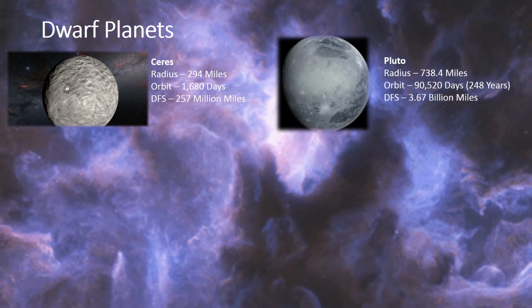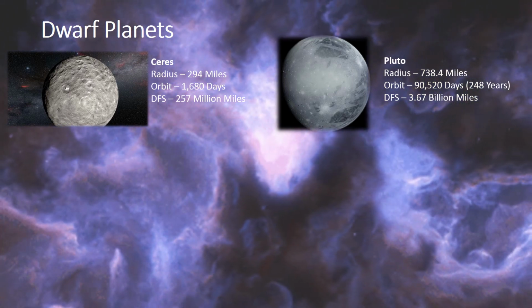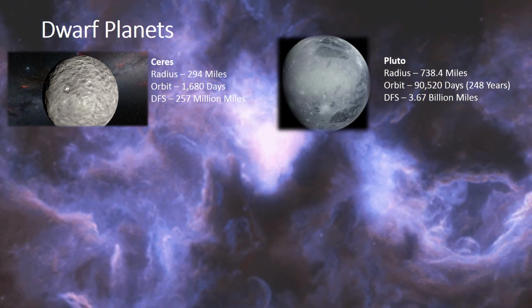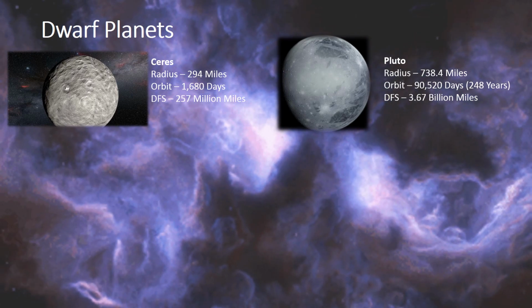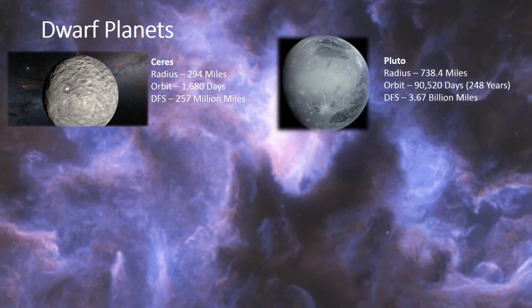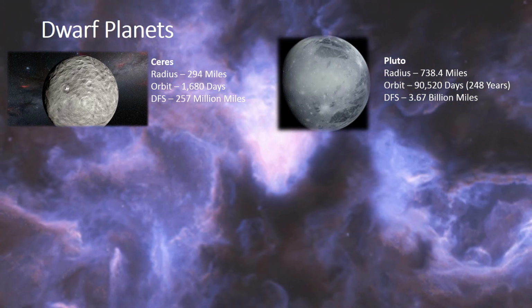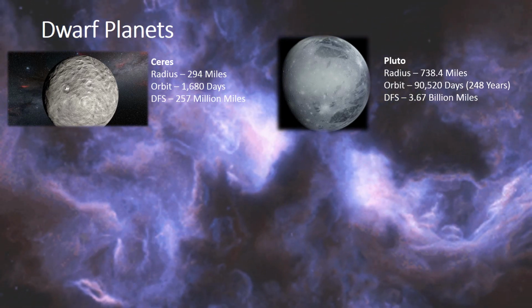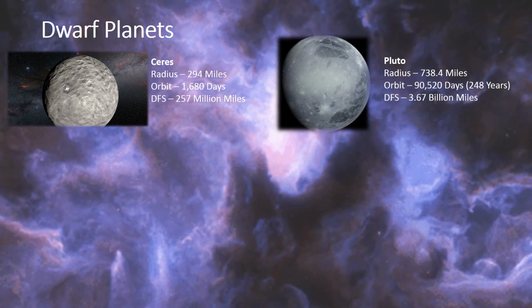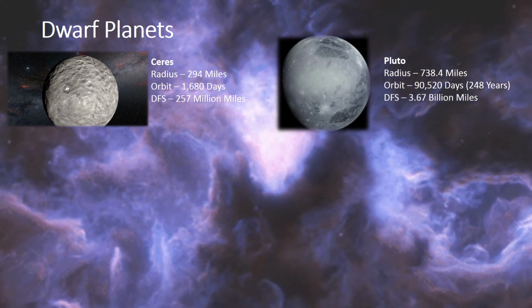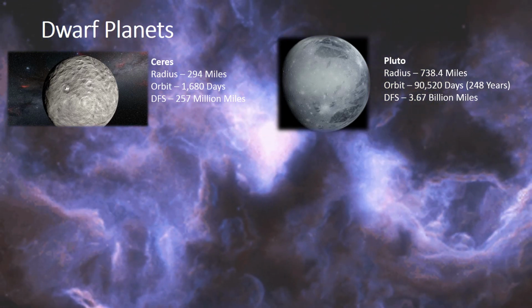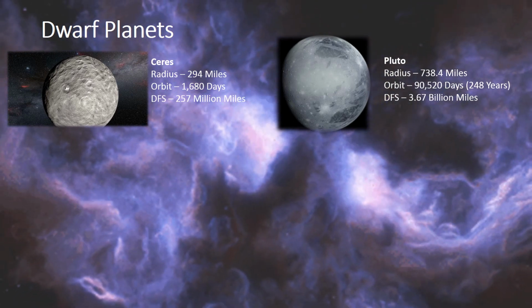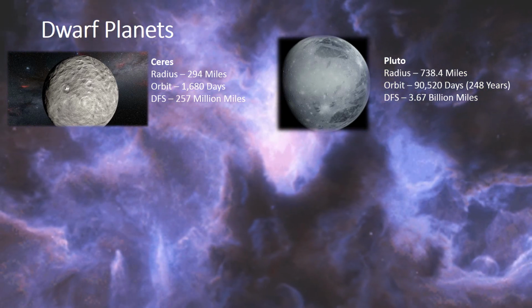Its radius is 738 miles, and its total diameter is about 1,500 miles. I mean, less than 1,500 miles. But if you look at the orbit, our sun's gravitational force on Pluto is still so strong that it actually still holds it in orbit.